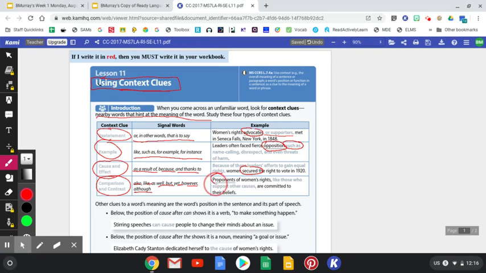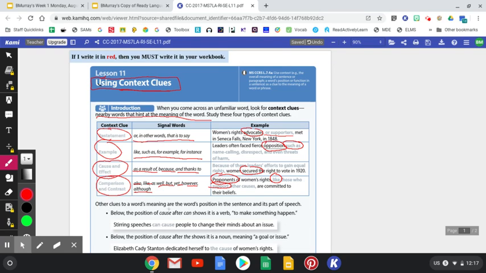So my vocabulary word is proponents, and I want to know what that means. I'm looking for this keyword like that lets me know that it's going to tell me a similarity. So proponents is similar to those who support other causes. Proponents is like the word support. So proponents are supporters.